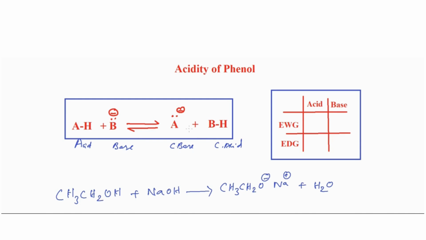In this equation the strength of the acid or base can be compared with the opponent one. For example, if the acid is weaker, that means the conjugate base is strong, or vice versa.